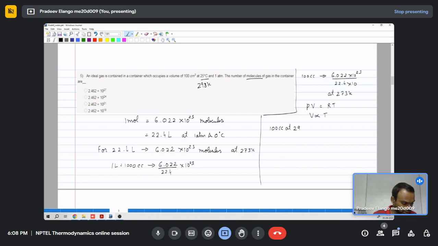So at 298 Kelvin, the number of molecules is 6.022 into 10 power 23 by 22.4 into 10, into 273 by 298. So can you solve this?